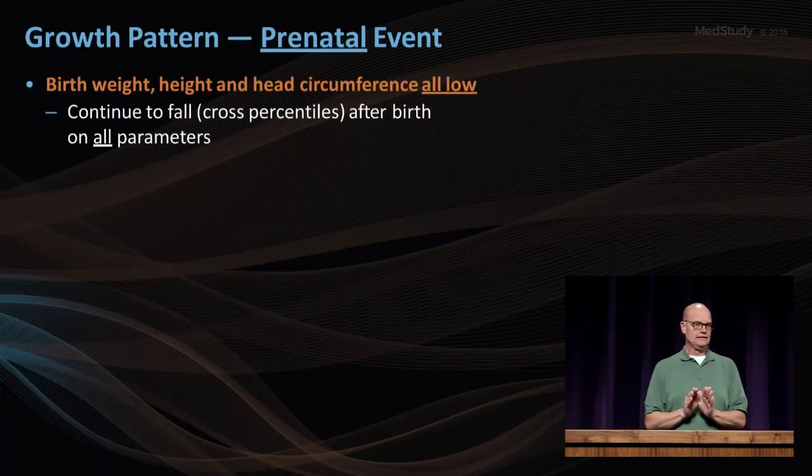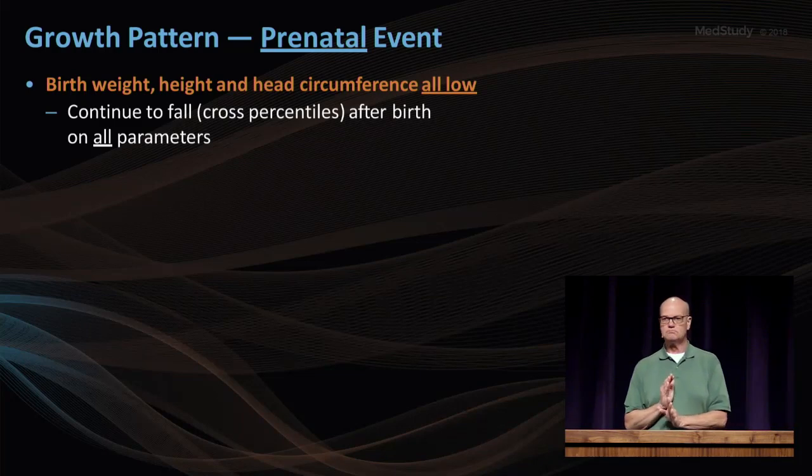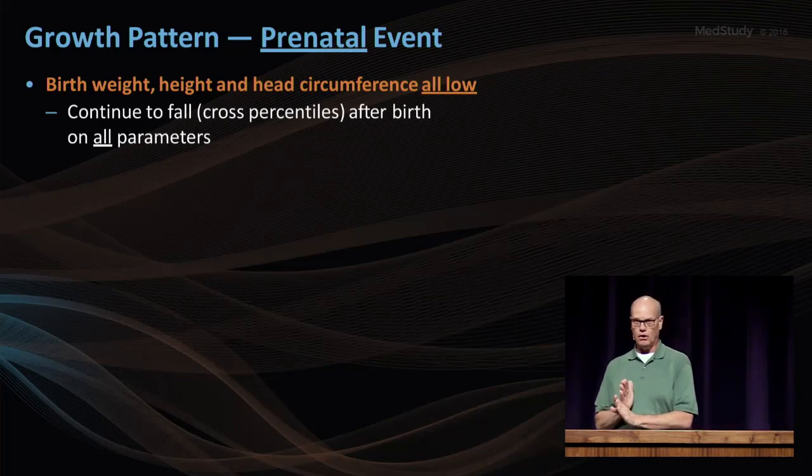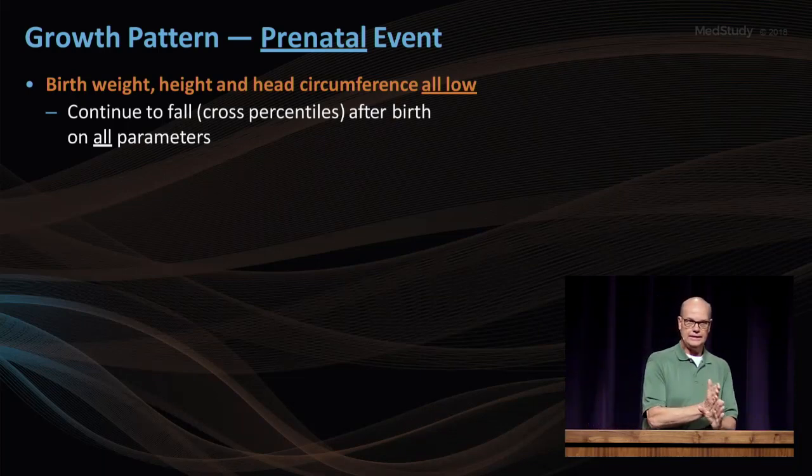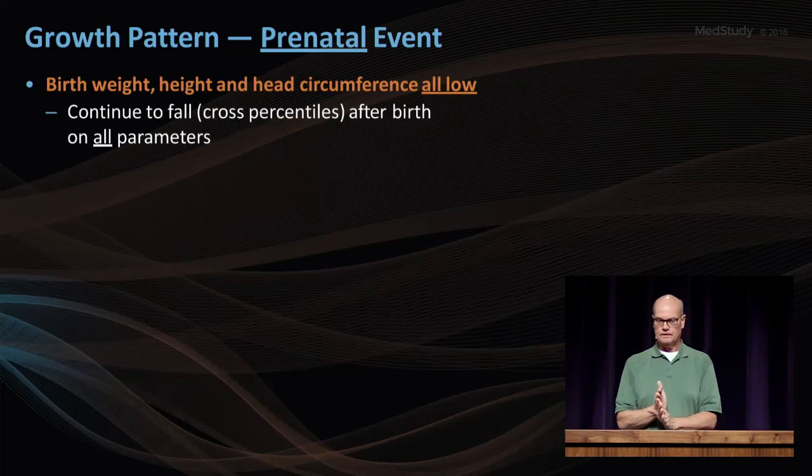A prenatal event will be defined as birth weight, height, and head circumference that are all low and that continue to fall in a downward direction after birth on each of these 3 parameters.